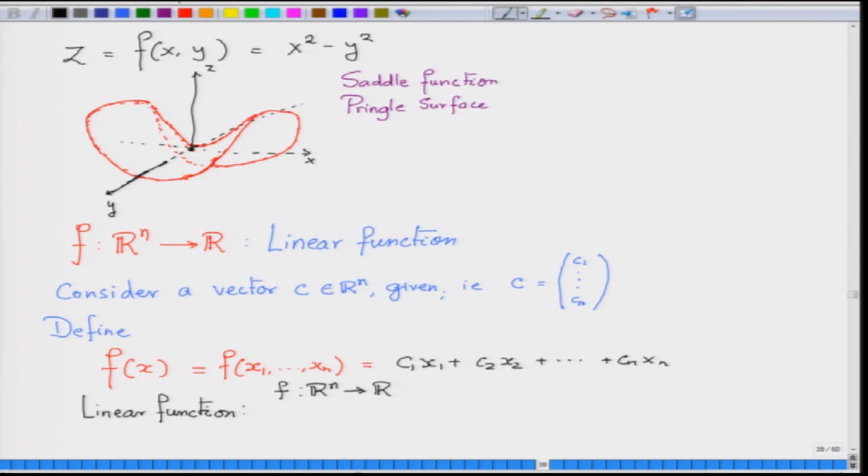Now, what is a linear function? We have defined what a linear vector function is, given by a matrix.